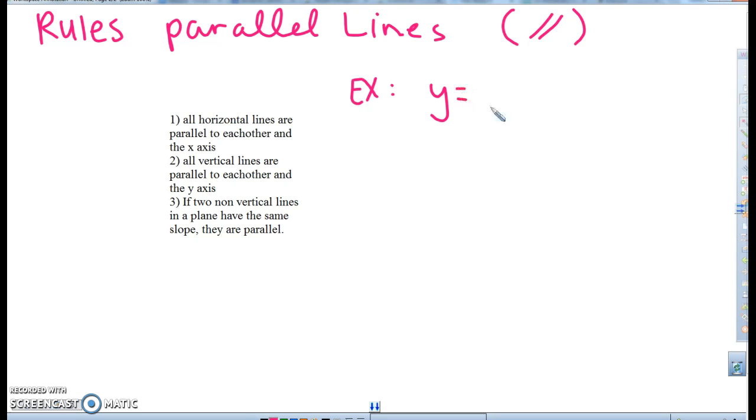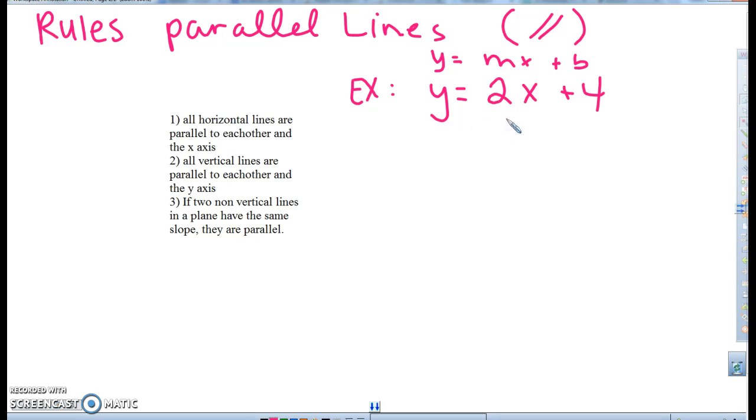So I'm going to start out with a given line, y equals 2x plus 4. Okay? And this is in y equals mx plus b. And we know that m is my slope, so my slope here is, good, 2.